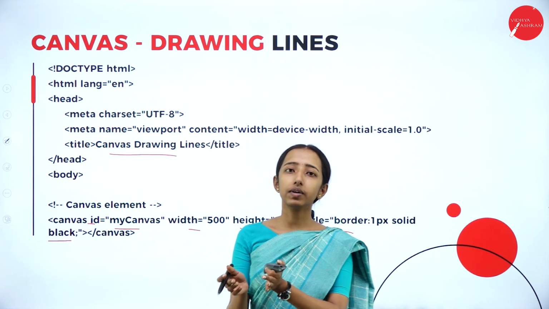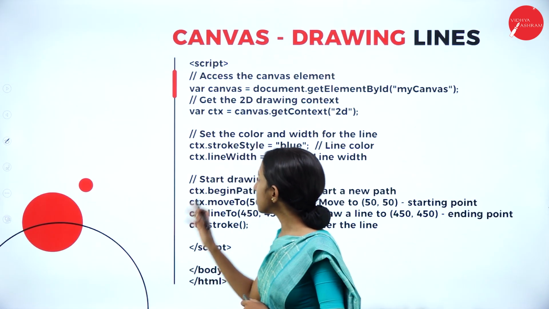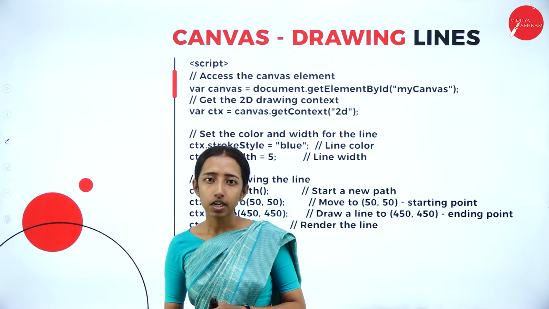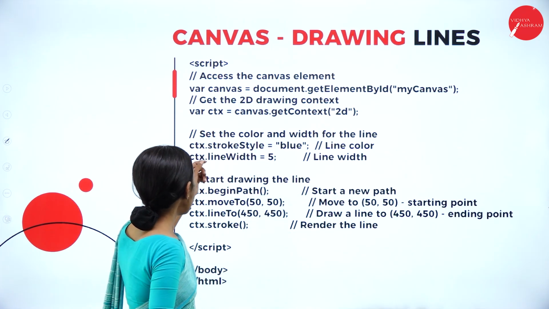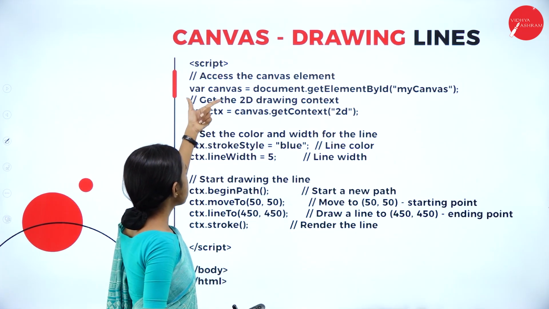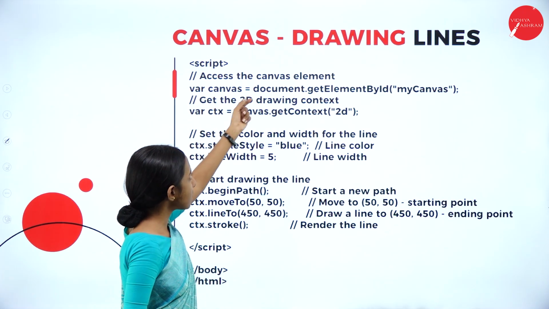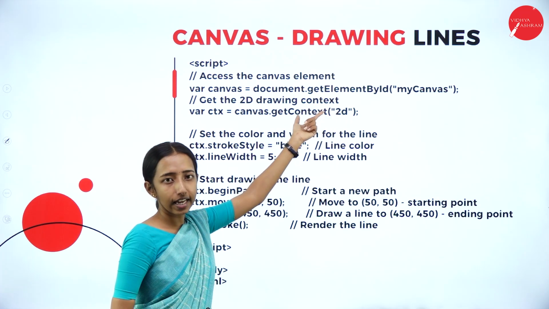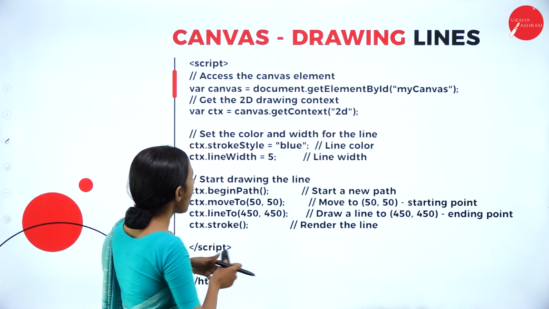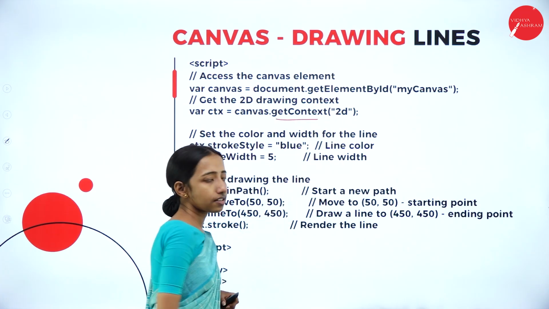So now I have given the canvas tag. Next you should have a script. Begin with the script. I have taken two variables, canvas and ctx. Here canvas is document.getElementById myCanvas, and getContext 2D.